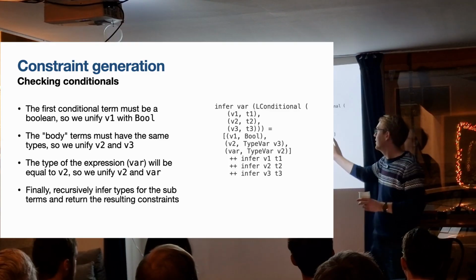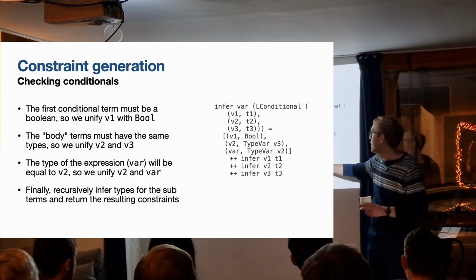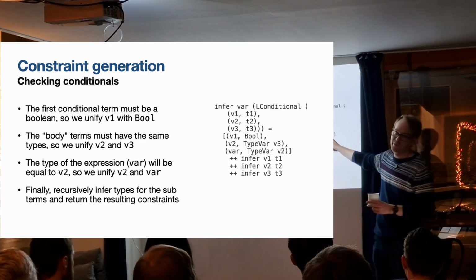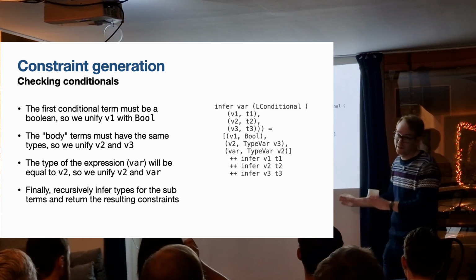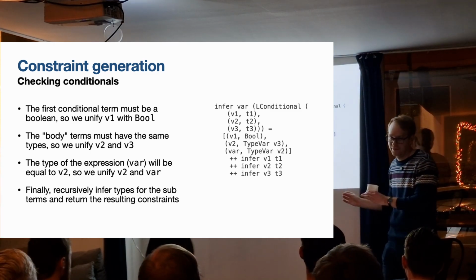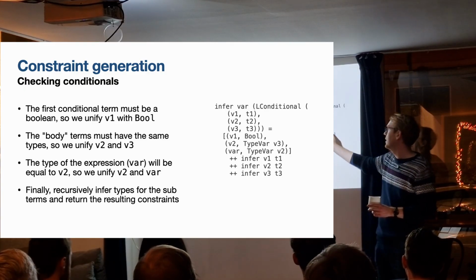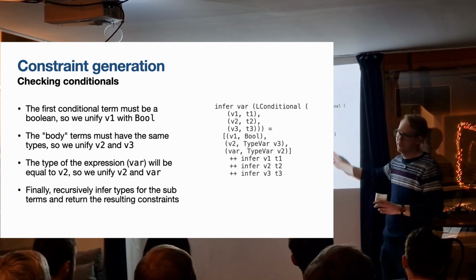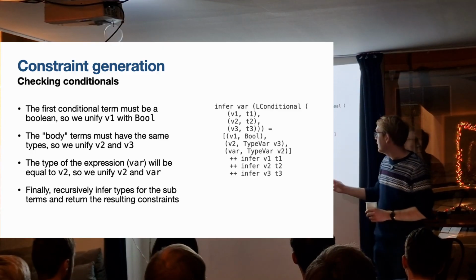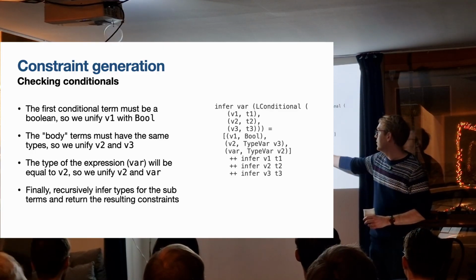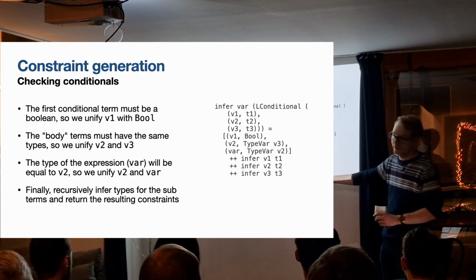This is how we can generate a constraint that says that they must be equal. And notice that we need to wrap v3 here in a type var. And finally, var is supposed to be the return type of the conditional. We unify that with, we can't pick any of these, type var 3 or type var 2, because we know that those must also be equal. And then finally, we recursively infer the types of all the three subterms as well.